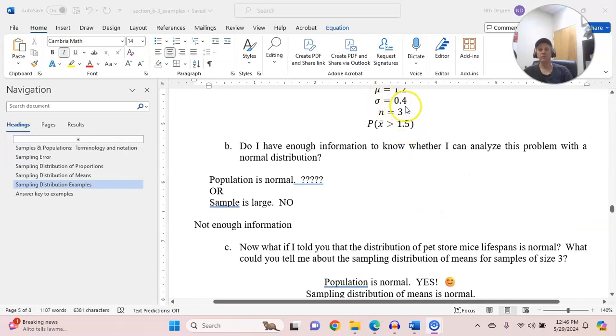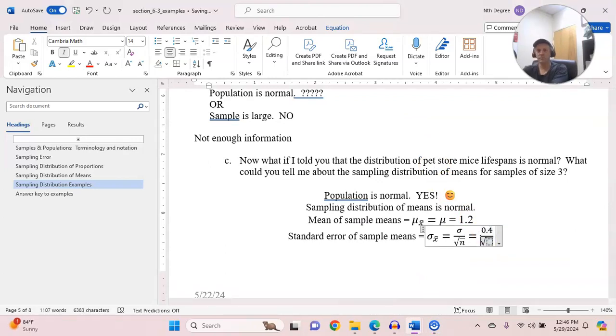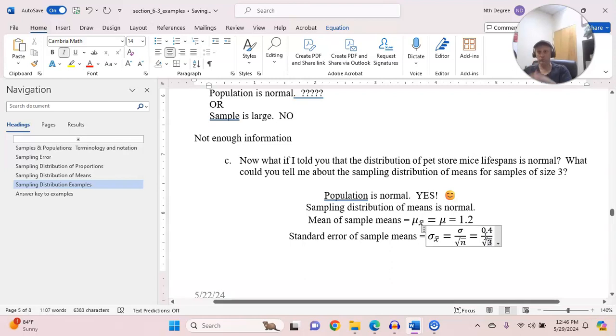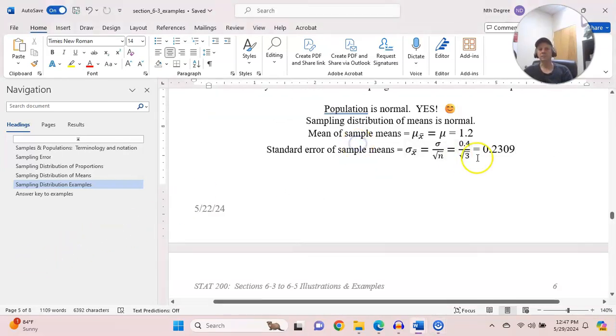We already wrote them down, 0.4 and 3. So when we plug those numbers in, we get 0.4 over the square root of 3. And I believe I already calculated that. This is something you can do on any calculator. I'm getting a decimal approximation of about 0.2309.